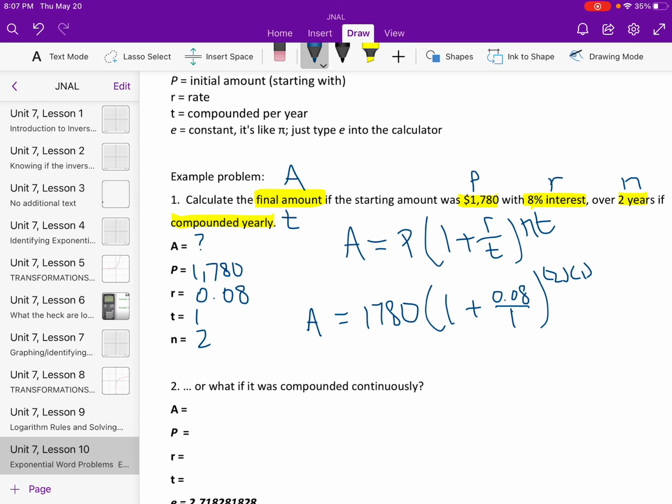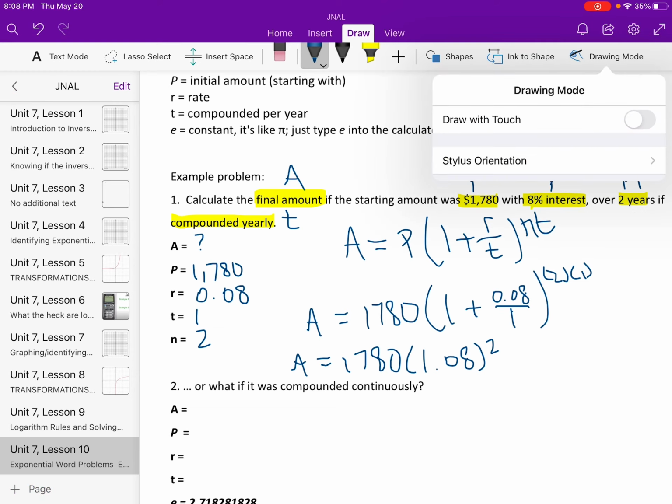So let's simplify that to 1780 times 1.08 to the second power. Now let's type that into the calculator: 1780 times 1.08 to the second power. We need to round to the nearest cent.